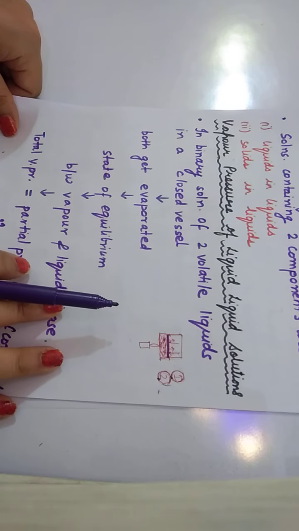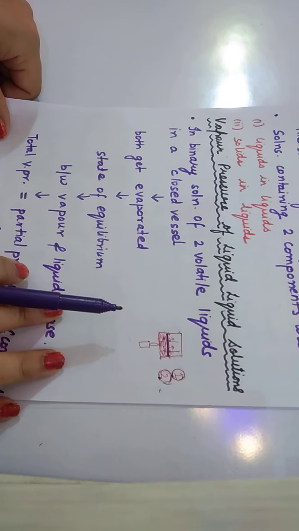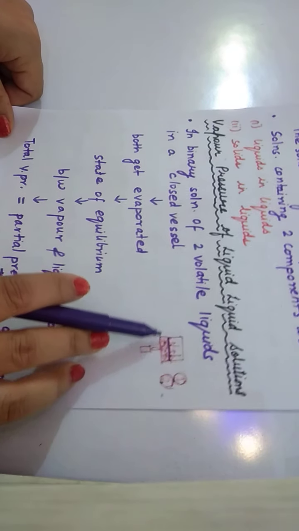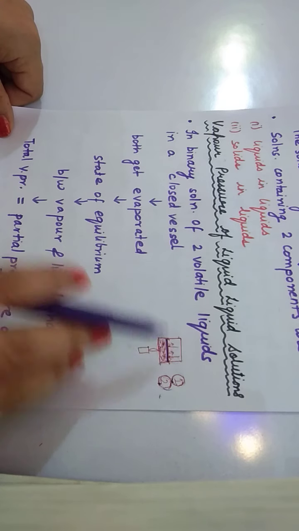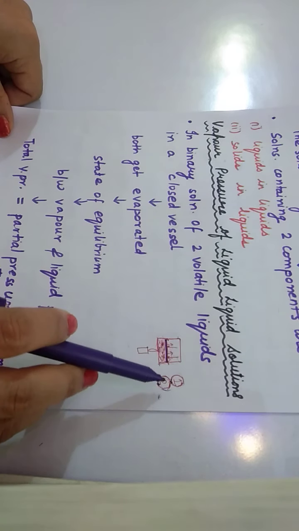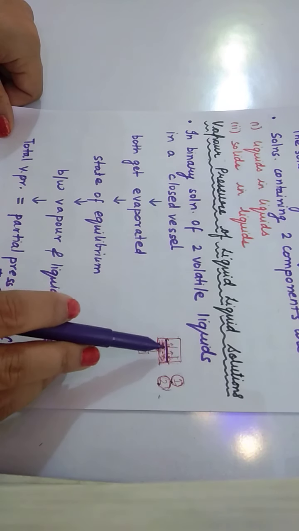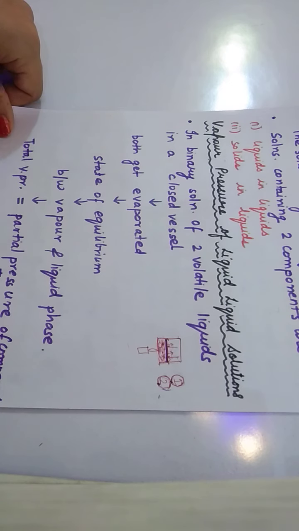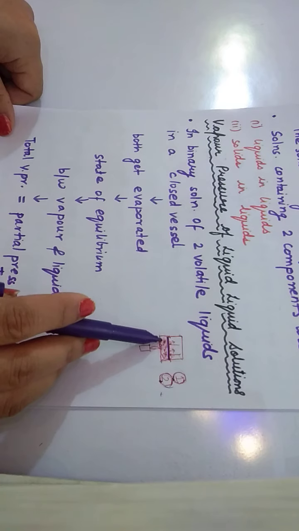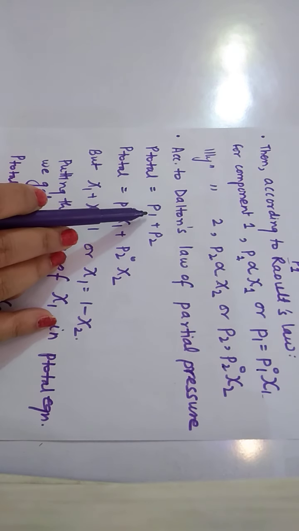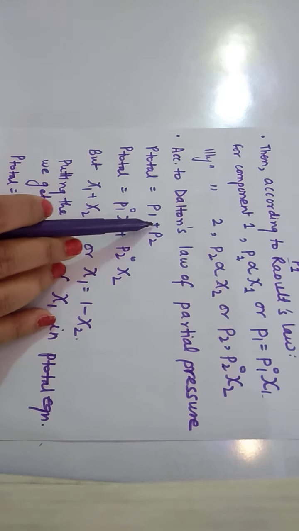But when the boss tells them that both of you have to work together, like both liquids in this solution working together, then both will apply their pressure, and the total pressure will be the pressure exerted by person 1 plus person 2. In the same way, here also the total pressure will be the pressure exerted by component 1 plus that by component 2.